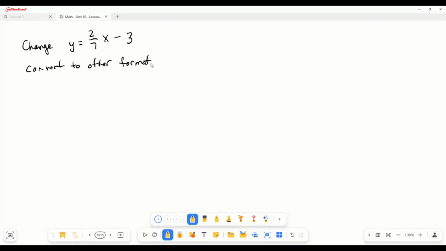Well, the first question would be, what format is that equation in?